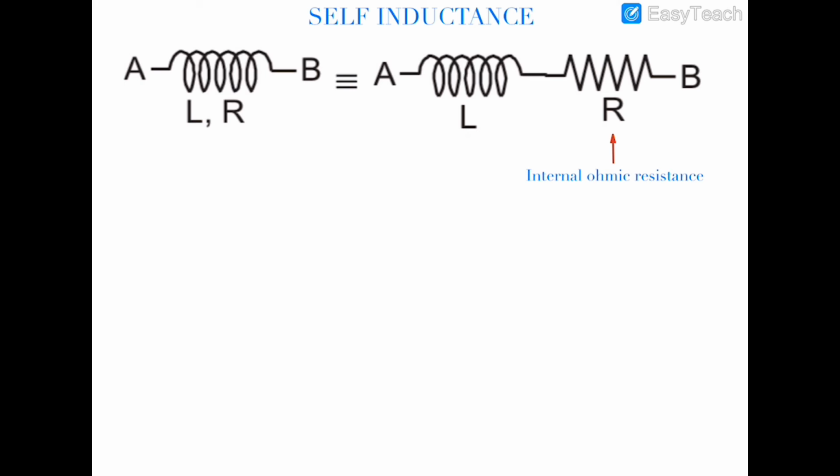So when we are drawing this inductor coil and we are given some internal resistance, then we should draw that internal resistance apart from that coil, connected in series, and this is the real inductor. If some internal resistance is not given in the question, then the inductor given is the ideal one, and the ideal inductor does not have any ohmic resistance or internal resistance.